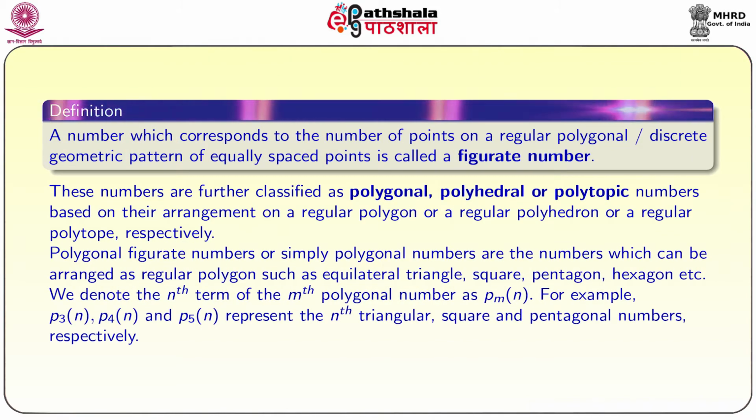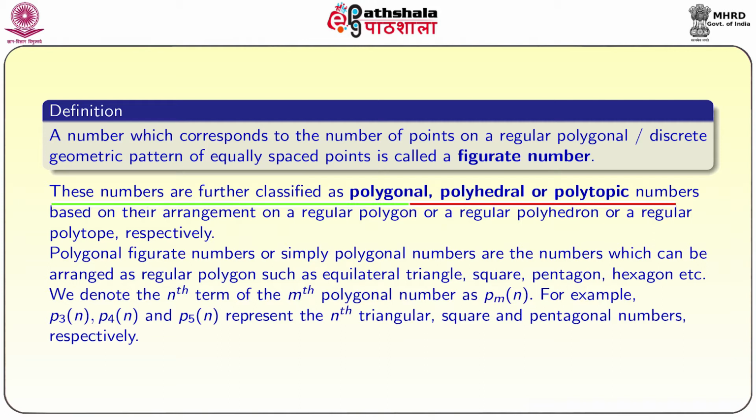First, we will define what a polygonal number is. A number which corresponds to the number of points on a regular polygonal or discrete geometric pattern of equally spaced points is called a figurate number.